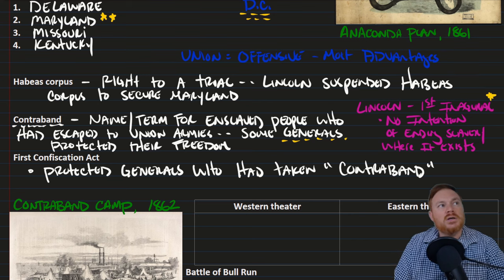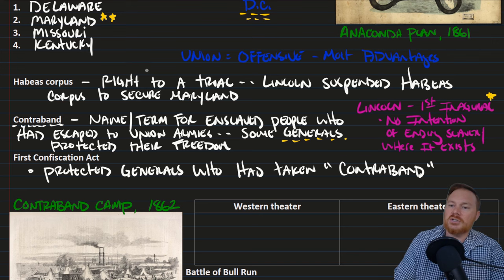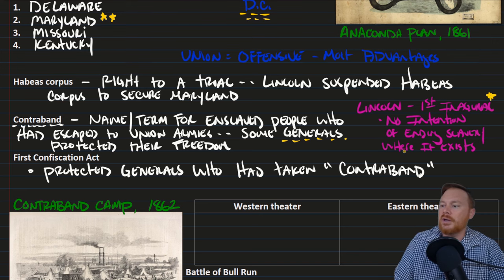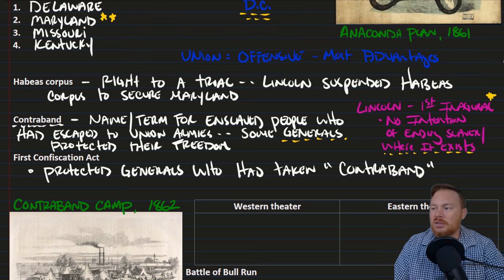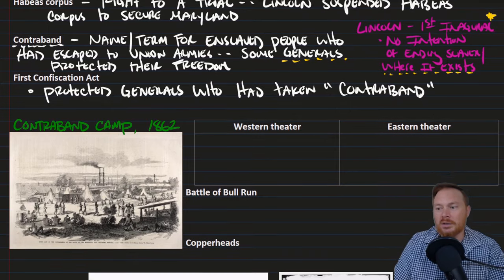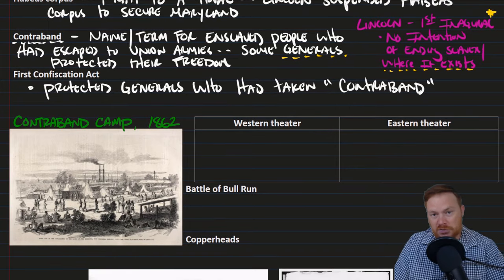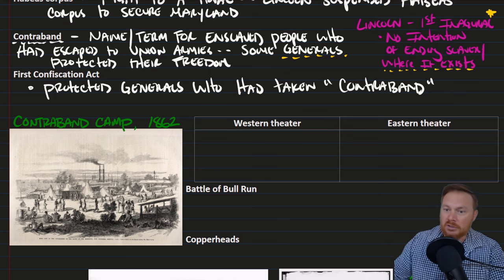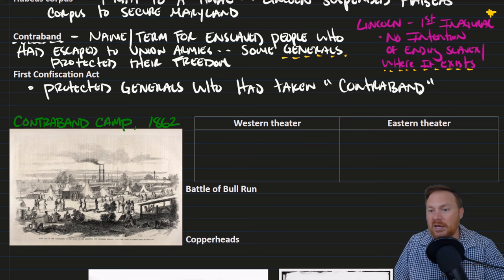Well, at least publicly, he changes his mind, because some people might point out that Abraham Lincoln was just saying this in his first inauguration because he didn't want any of the other slave states to secede. So let's not try and read Lincoln's mind here. But at least Lincoln changed his position publicly. At the beginning of the war, saying he has no intention of ending slavery. During the middle of the war, he issues his Emancipation Proclamation, which effectively ends slavery.